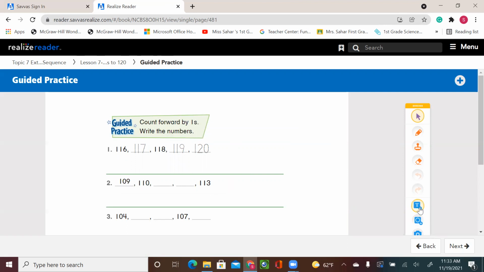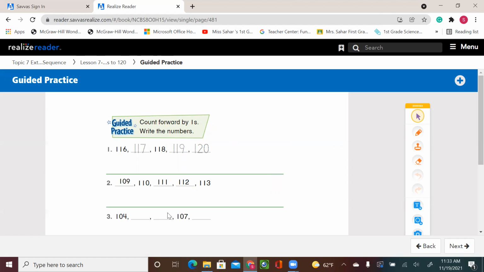What comes after 110? After 10, 11. So 111. After 11, very good, 112. And then 113, it's there. So let's put this down here. So now when I count, I will say 109, 110, 111, 112, 113.